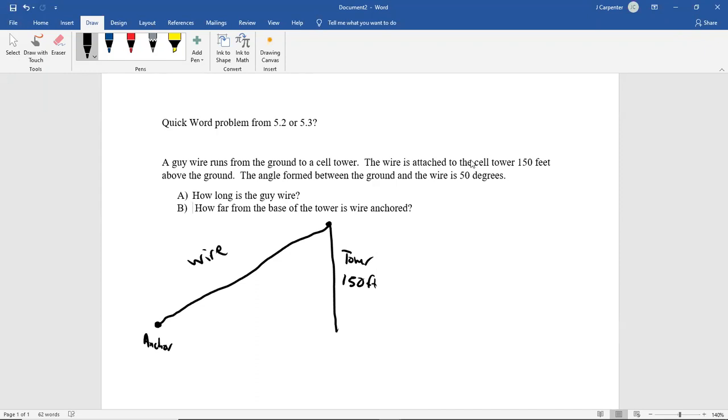They want to know how long is the guy wire, so they want to know the length of this distance. And they want to know how far from the base of the tower is the anchor point. So this is our ground, and we need to know that distance.